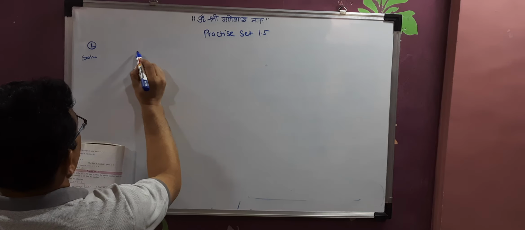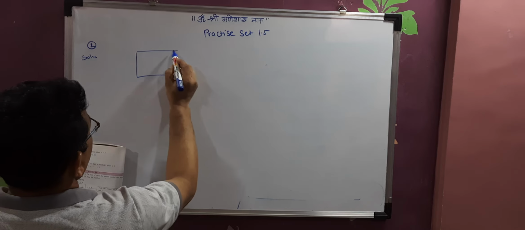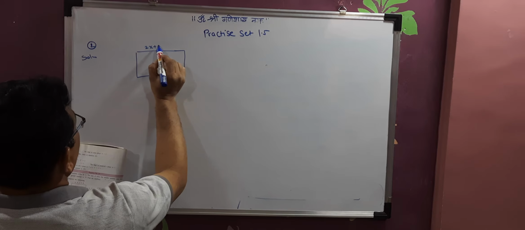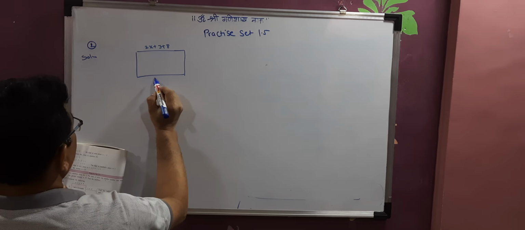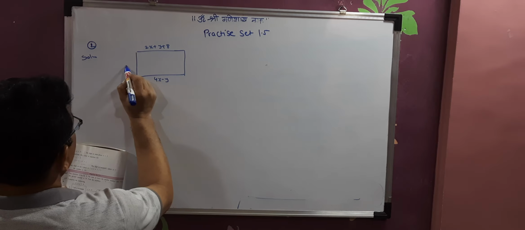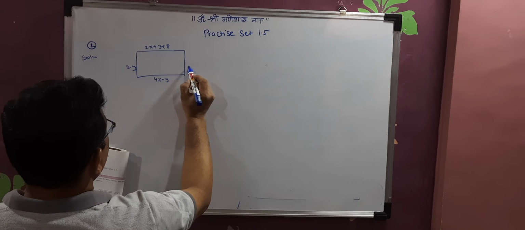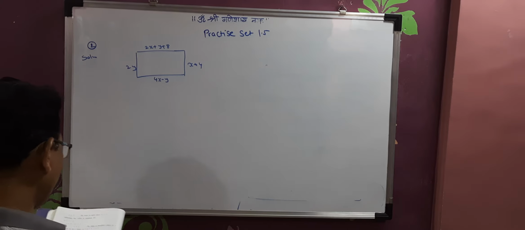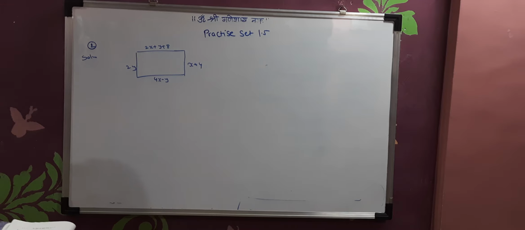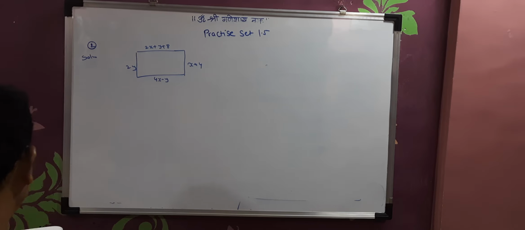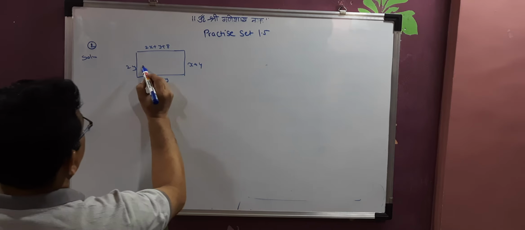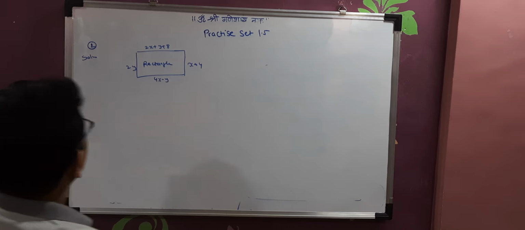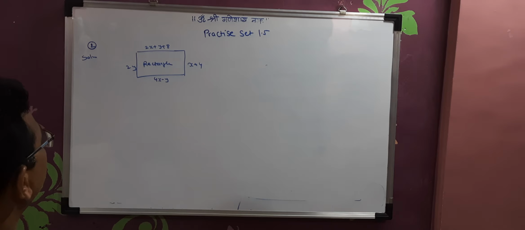They have taken one rectangle. Here is 2x plus y plus 8. This is 4x minus y. This is 2y. This is x plus 4. This is the rectangle they have given. Now you have to find the values of x and y. Also find the perimeter and area. This is a rectangle.